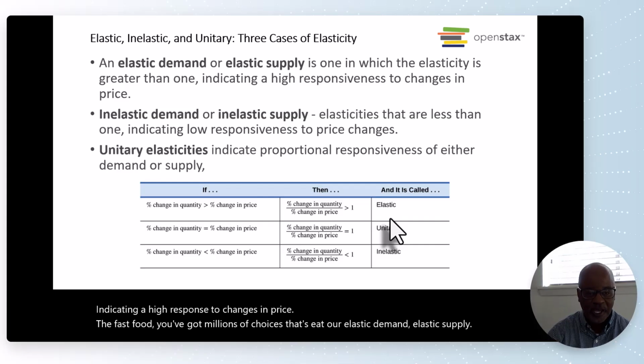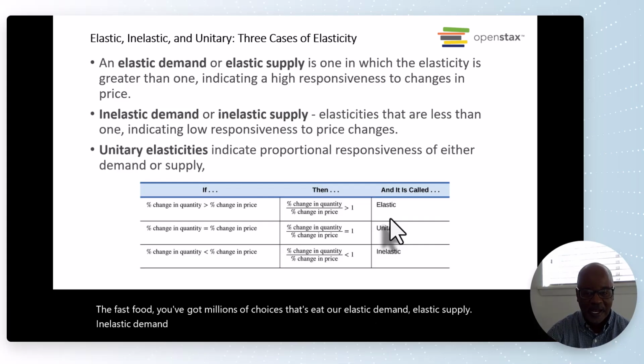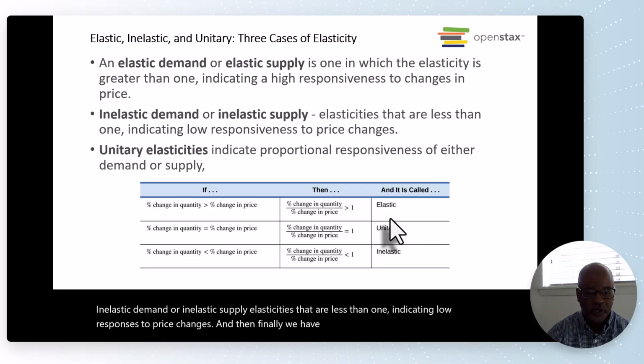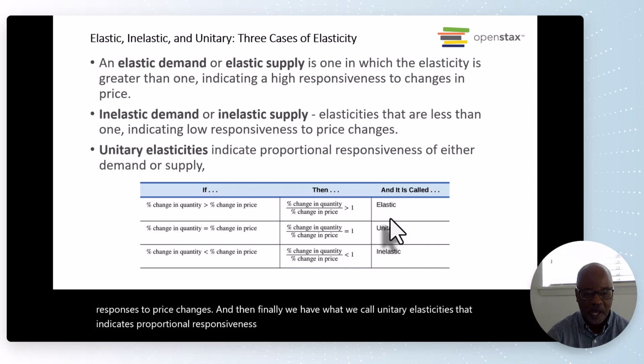Inelastic demand, inelastic supply, are elasticities that are less than one, indicating low responses to price changes. And then finally, we have what we call unitary elasticities. That indicates proportional responsiveness of either demand or supply.